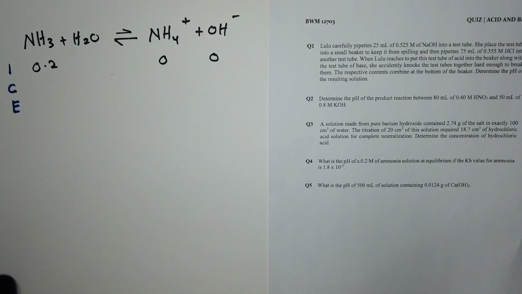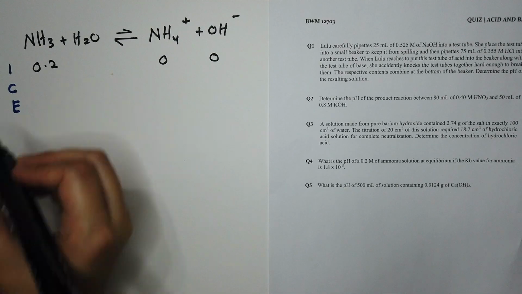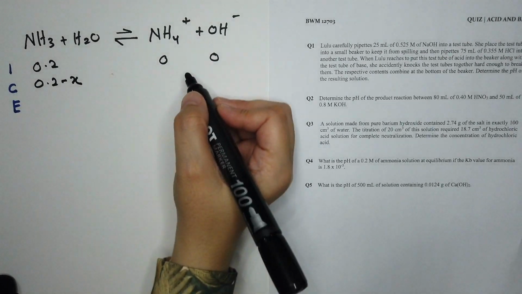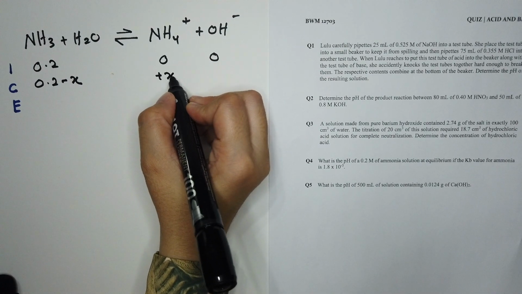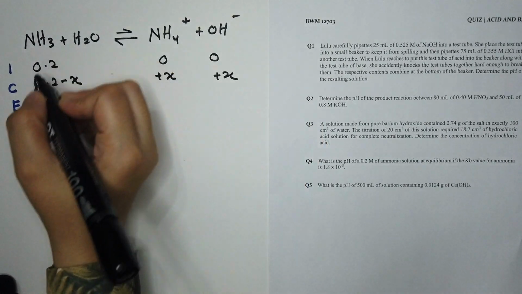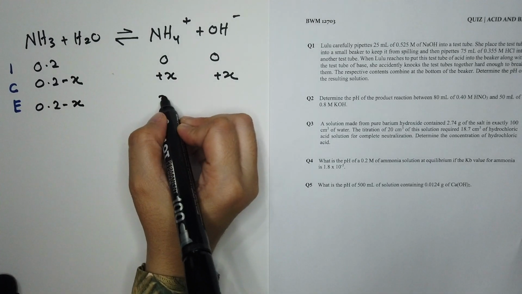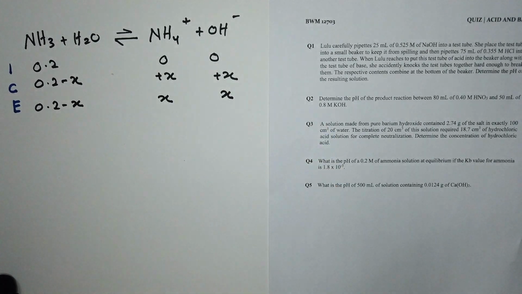Eventually some of this ammonia will be dissociated, so 0.2 minus X, and this one is positive X, positive X. So at equilibrium is 0.2 minus X, X, and X, right?